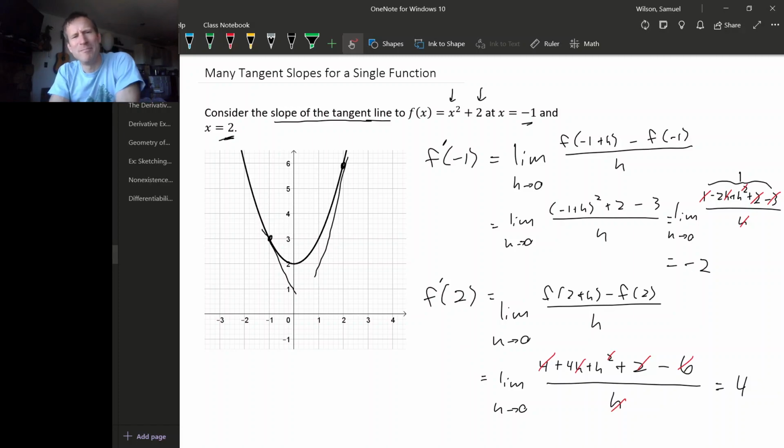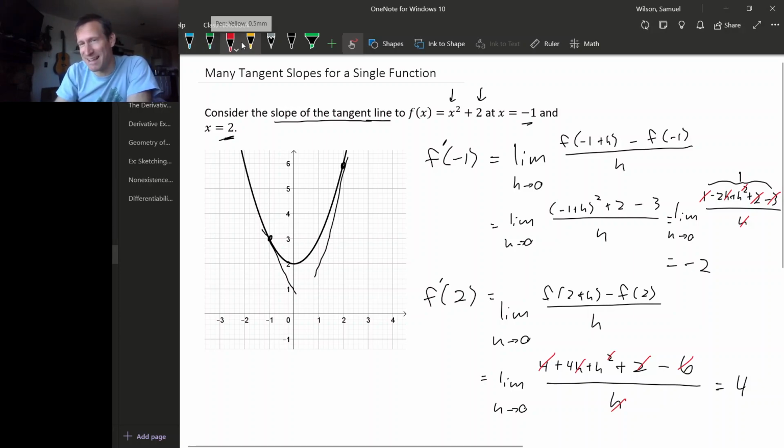When I look back at these two calculations, it seems pretty clear to me that I basically did the same thing twice, right? The exact same algebra. The only difference in these two calculations is right here, it's a minus 1, and right here, it's a 2.